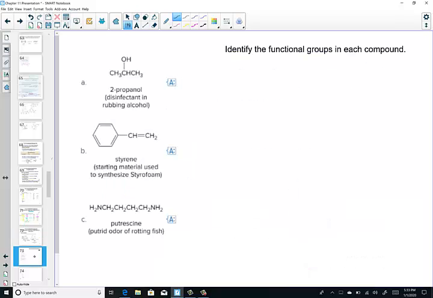Let's keep practicing. Identify the functional groups of each compound, top of page 17. Here I notice I have an OH group, and I need to remember that's called an alcohol functional group. I have a straight chain carbon with all single bonds. This is what we refer to as an alkane family. Letter B, I see an aromatic ring. Notice that it's a 6-membered ring. So that functional group is an aromatic benzene ring.